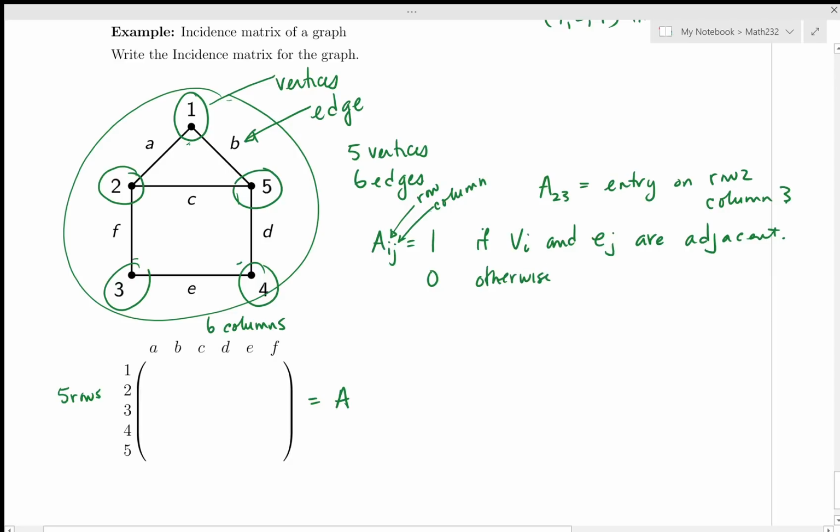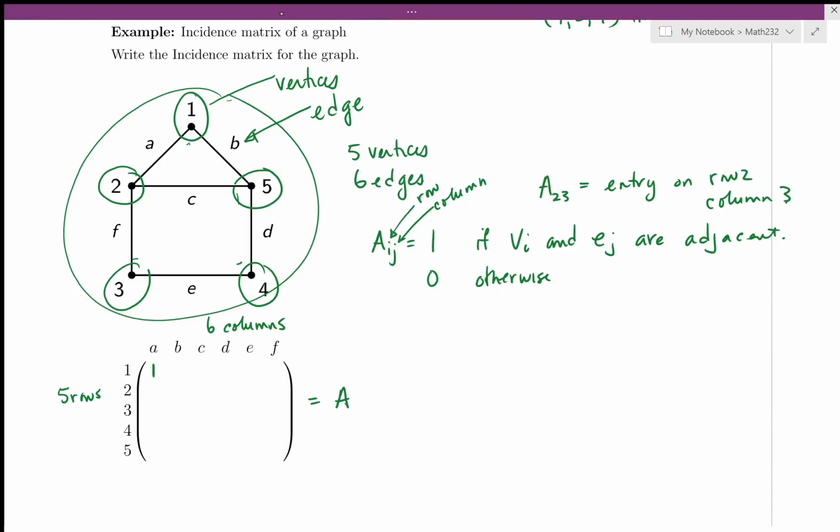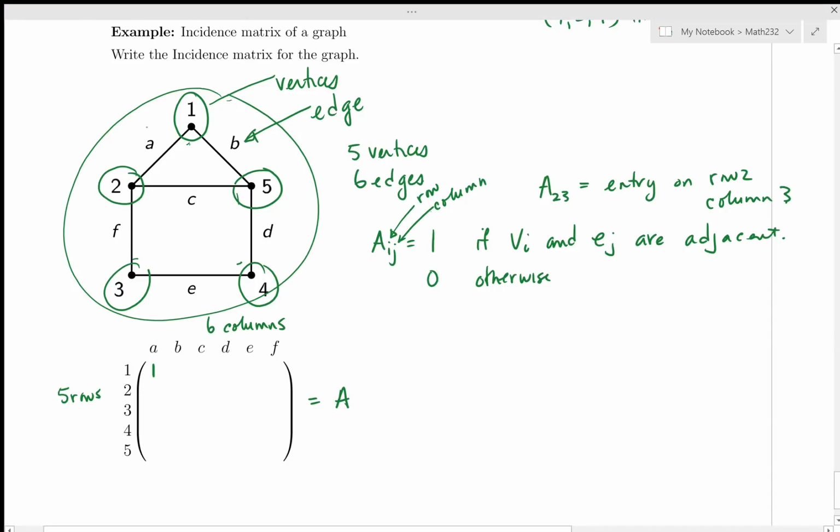This is going to be my rule for taking this graph and capturing the information about this graph into a matrix. I'm going to call that matrix A. So here, I'm going to put a 1, because edge A is attached to vertex 1.